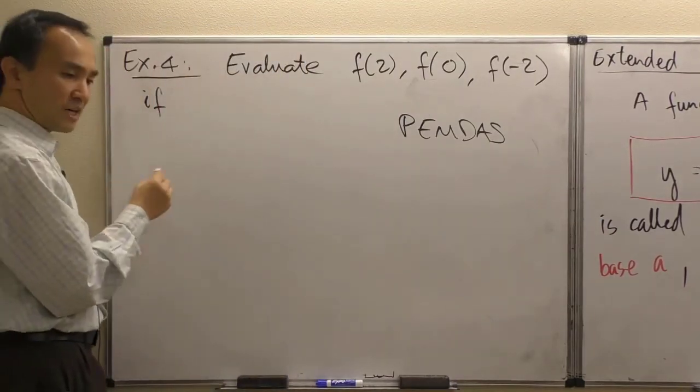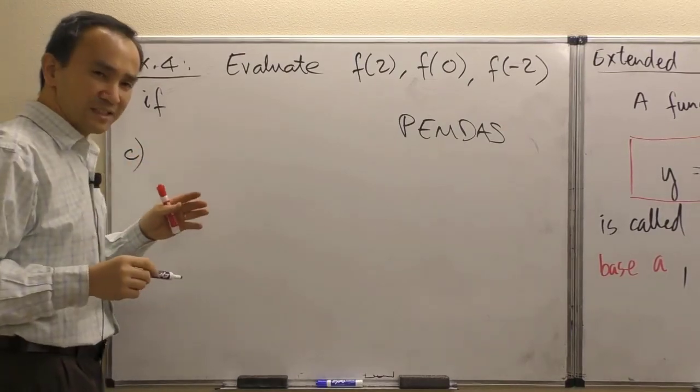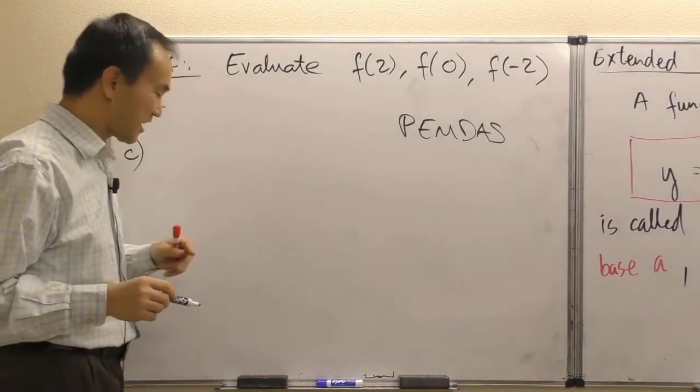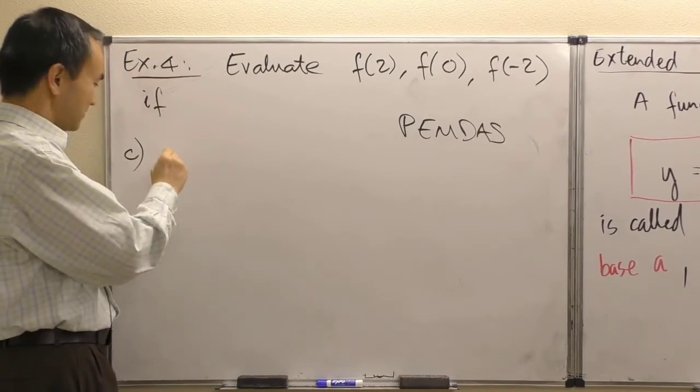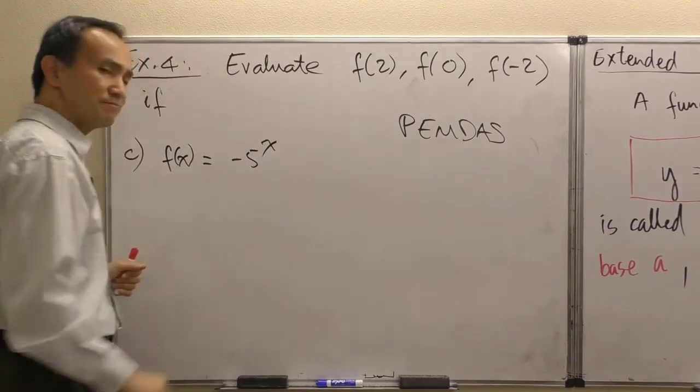And so now in part C of our example, I want to put in another problem that will change your understanding. So how about f of x equals minus 5 to the x?